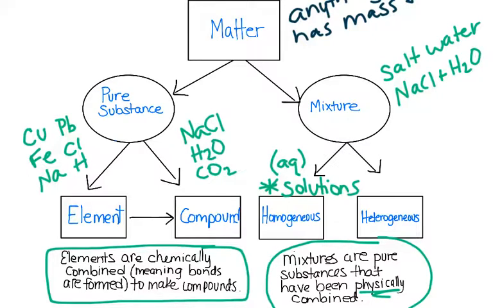And the reason that we don't think about that is because air is a homogeneous mixture, which means if you're in a classroom, or at home, or outside, wherever you are, the air that you're breathing, theoretically, every breath you take should be the same as the next breath you take, no matter where you are.